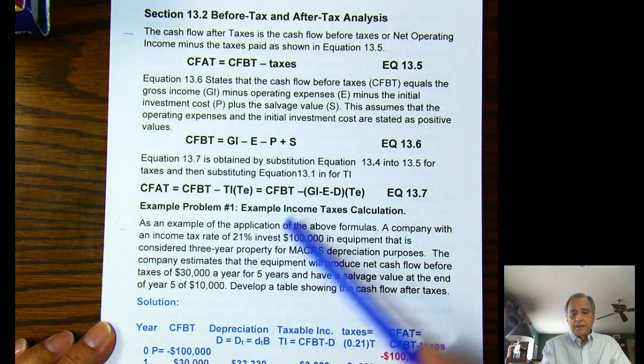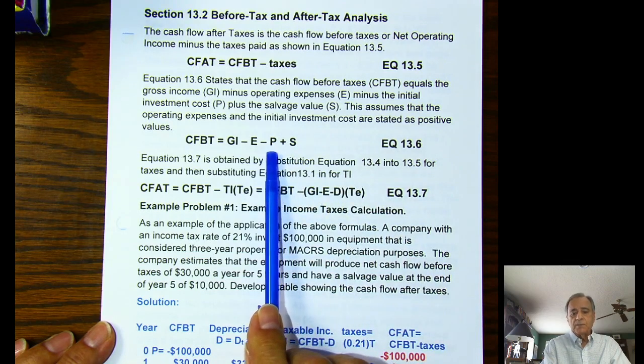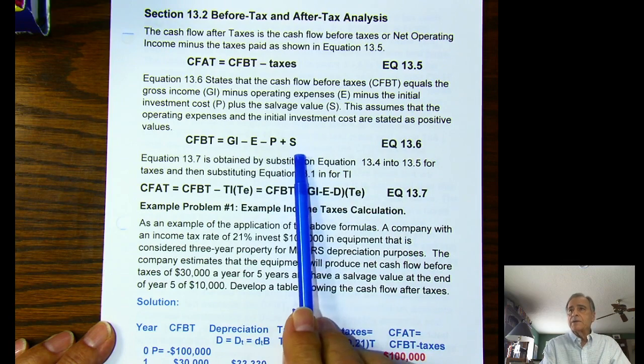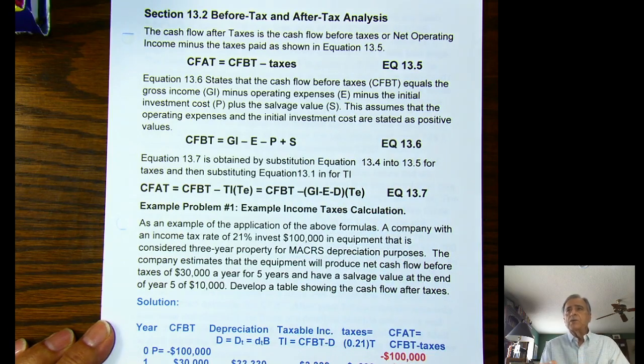But in year 0, generally speaking, you have the price of the equipment, and in year N, you have the salvage value. Whenever I create a tax table to work a problem, I include those in separate lines.